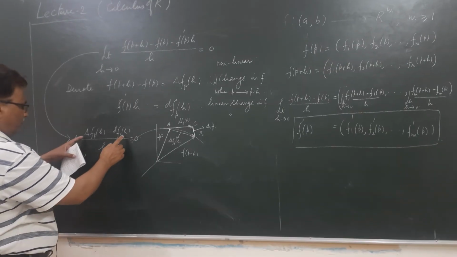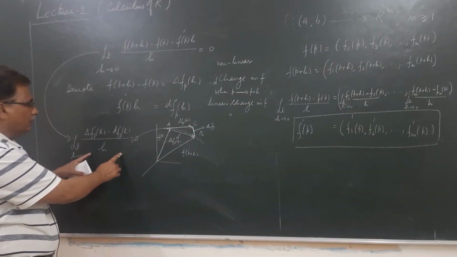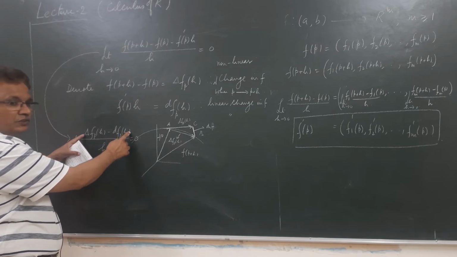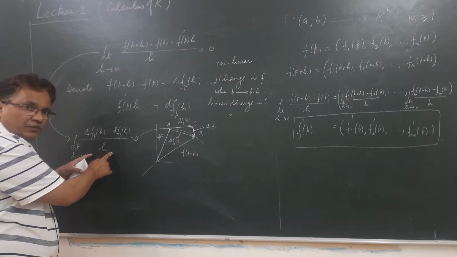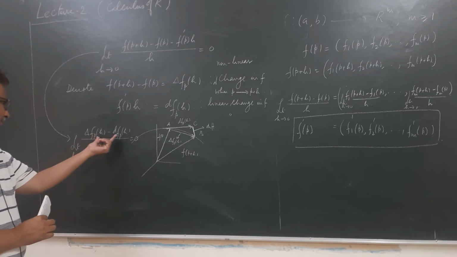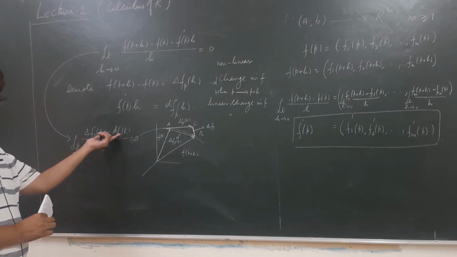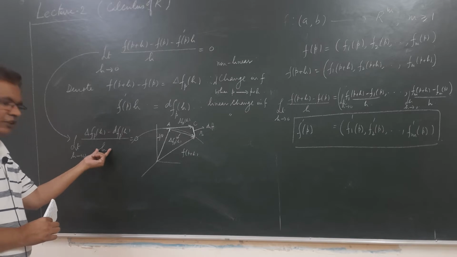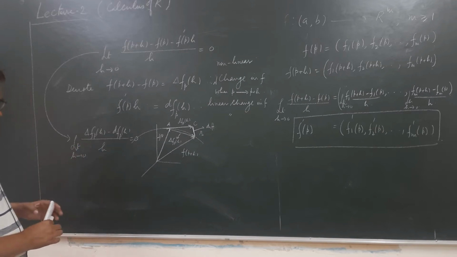You see, if the limit of a quotient is 0, that means the numerator goes towards 0 faster than the denominator. So in fact, for differentiability, we are demanding that this fellow should tend towards 0 faster than the fellow in the denominator. All right.